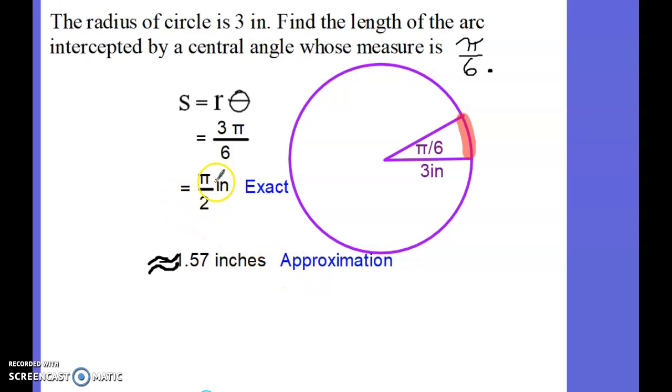And you need to know which answer is exact and which answer is an approximation. Anytime you have pi in your answer, that will be an exact answer, because as we know, pi keeps on going on and on forever. So I just rounded it to 2 decimals. Okay.